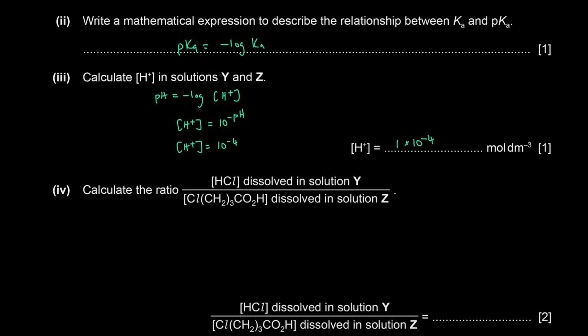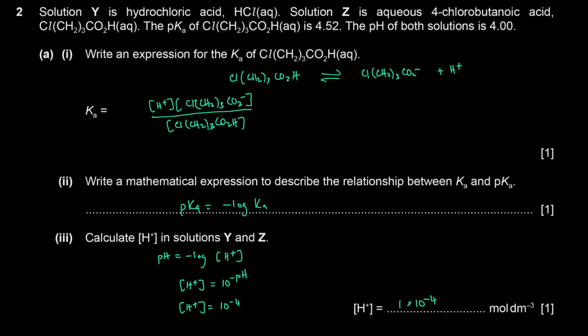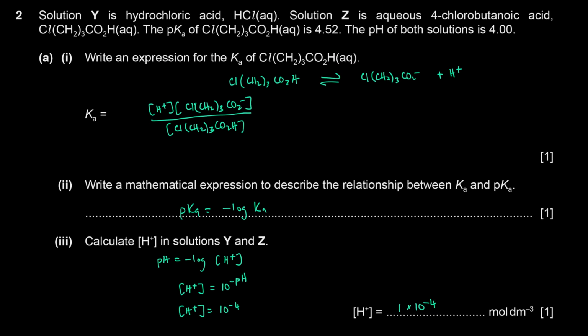Calculate the ratio of the concentration of HCl dissolved in solution Y and the concentration of 4-chlorobutanoic acid dissolved in solution Z. Over here, if you guys remember, HCl is a strong acid, so we can assume that it ionizes completely.